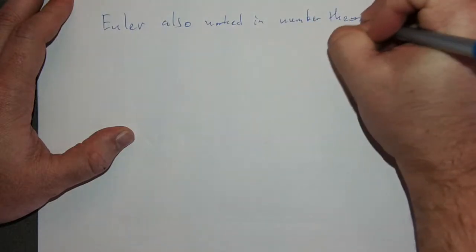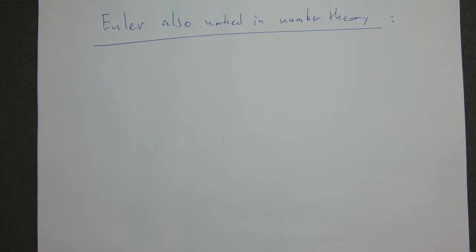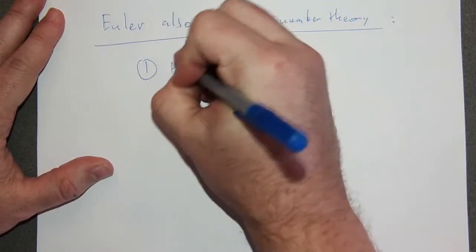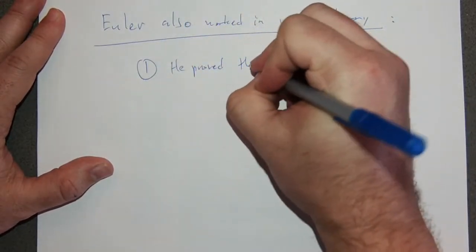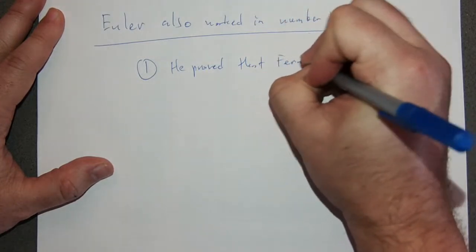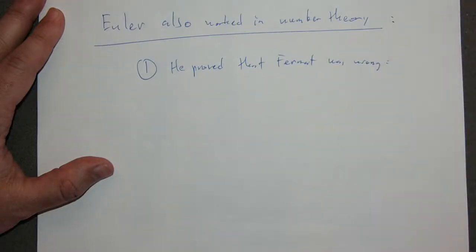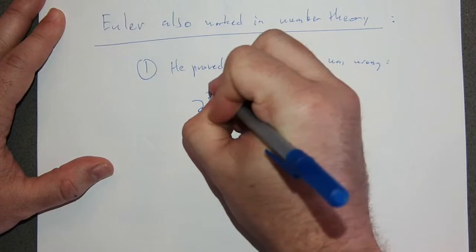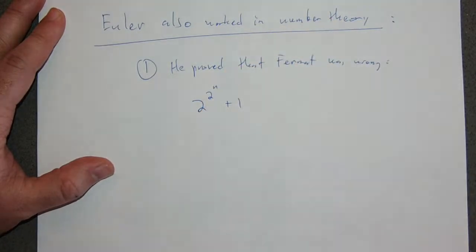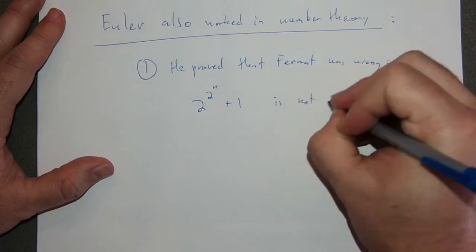He proved a number of results. Here's a couple of things that you're familiar with. So one, he proved that Fermat was wrong. Fermat said that every number 2 to the 2n plus 1 is prime, but it's not the case. This is not always prime.